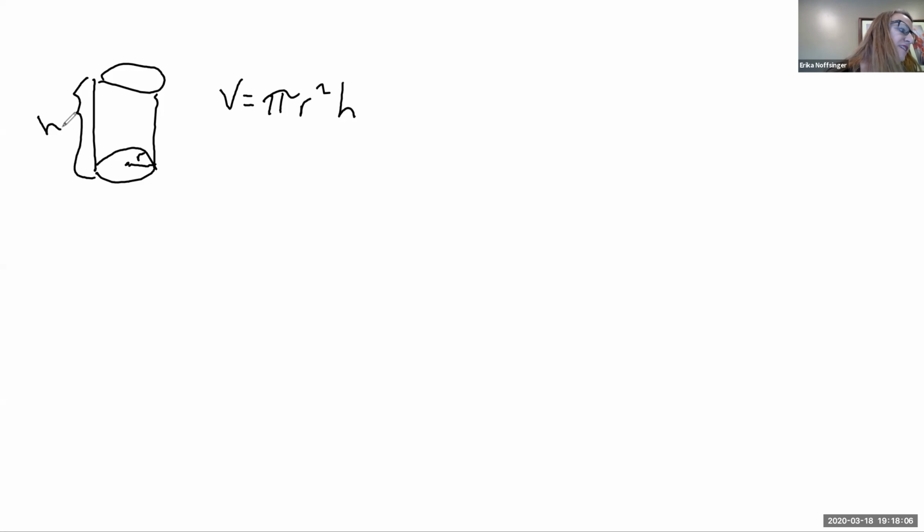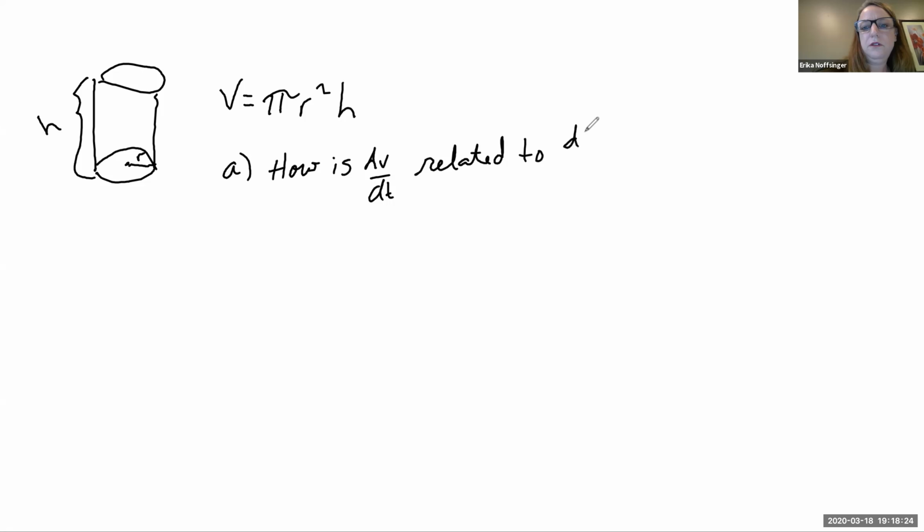And first it says, how is dV dt related to the derivative of the height dh dt if R is constant?